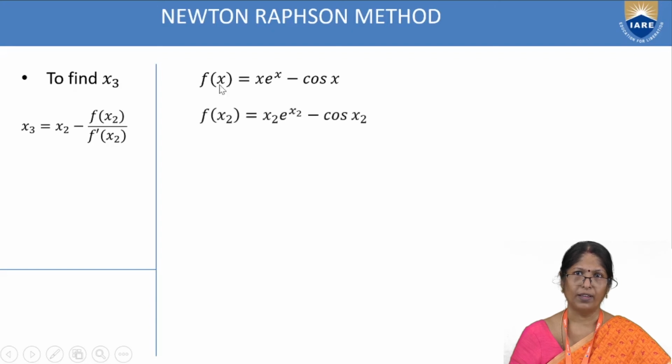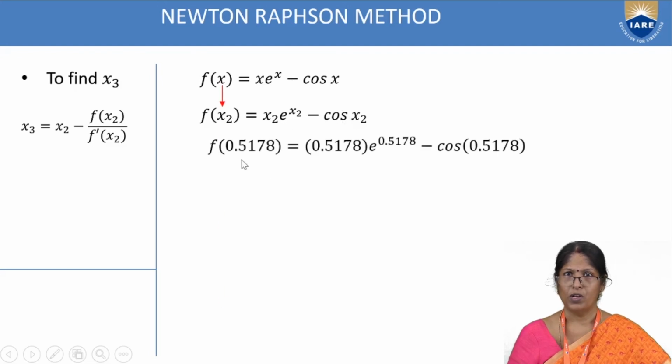So first f of x we are writing. Wherever x, it is becoming x2: x2 e power x2 minus cos x2. Now x is taking the value x2. So f of 0.5178, completely the x2 is taking the value 0.5178.